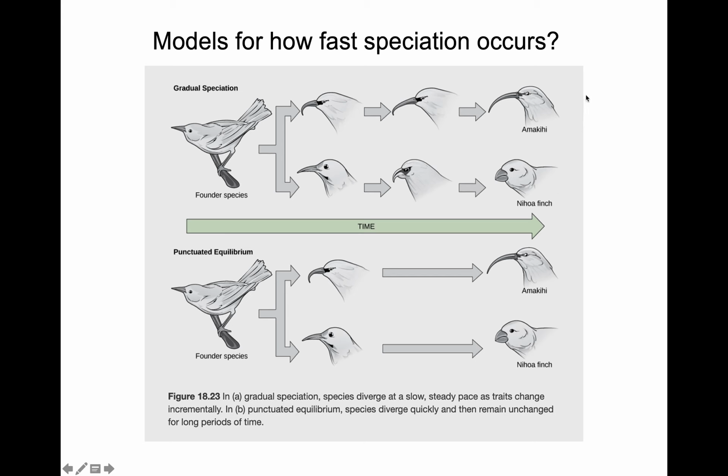So by the time you're here, you have new species, but not in here. With punctuated equilibrium, formation of new species is pretty rapid. So rapidly from a founder species, you get two whole new different species that are totally different and separate, and over time, they accumulate maybe smaller changes. So that's the difference.